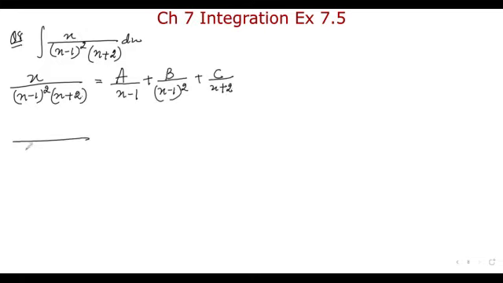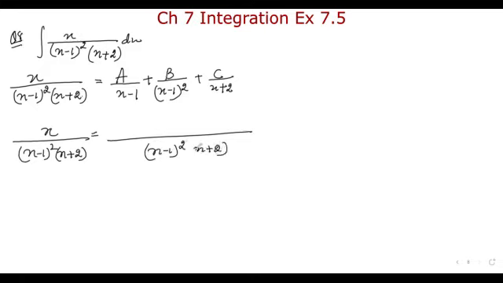Now we will take the LCM here, x minus 1 square into x plus 2. So this is x. Here the LCM will be same, x minus 1 square into x plus 2.